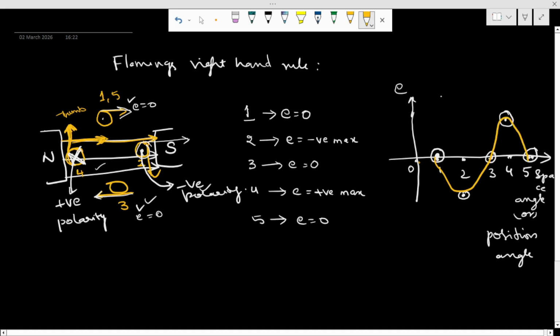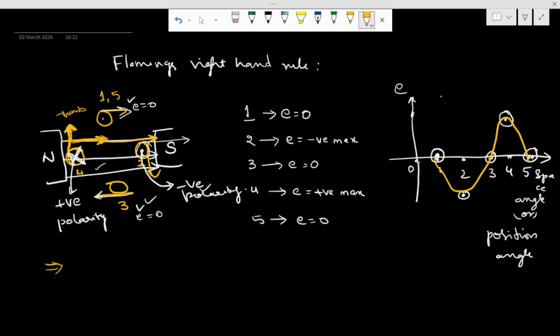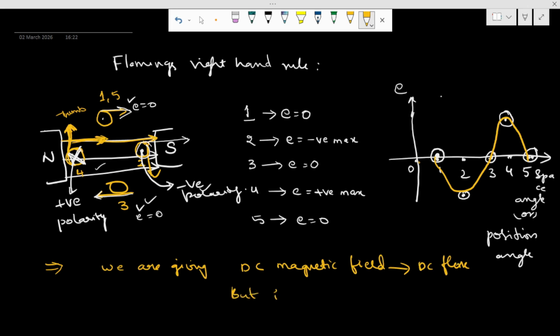Here we have to observe one thing: we are giving DC magnetic field, DC flux, but the EMF induced is AC, alternating.